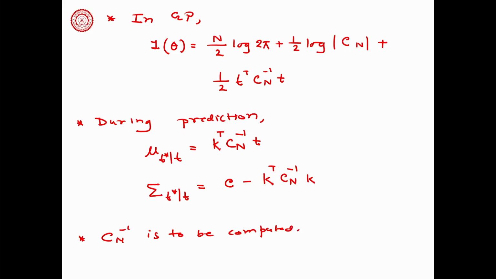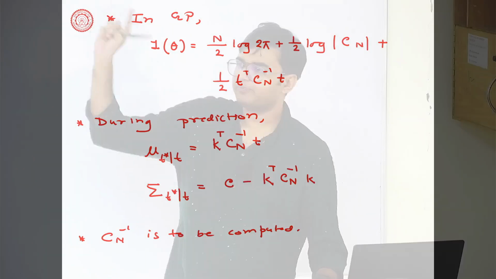And this is expensive because for inversion of a matrix, the computational cost is of the order of n cube. So, the computational cost of computing Cn inverse is of the order n cube.